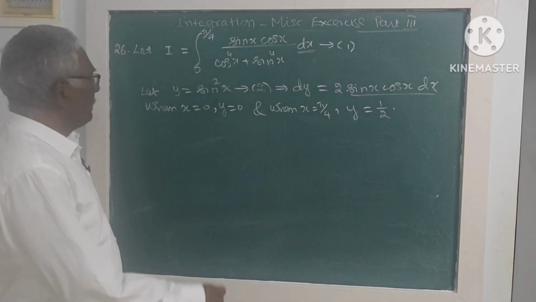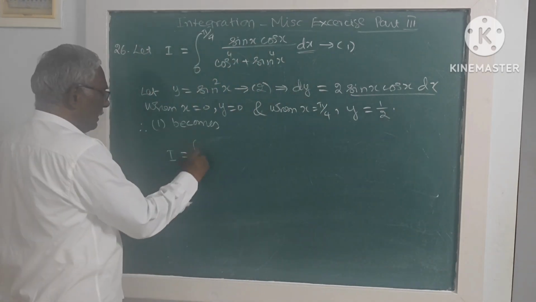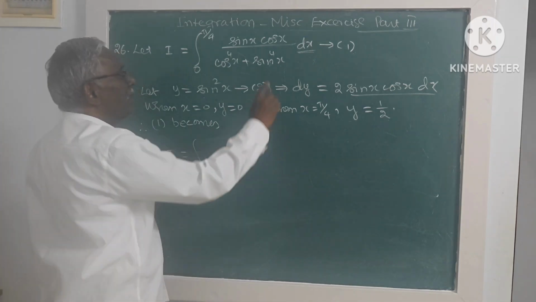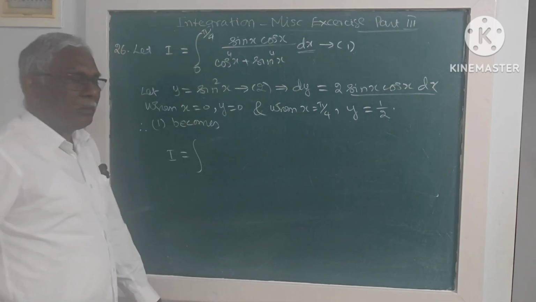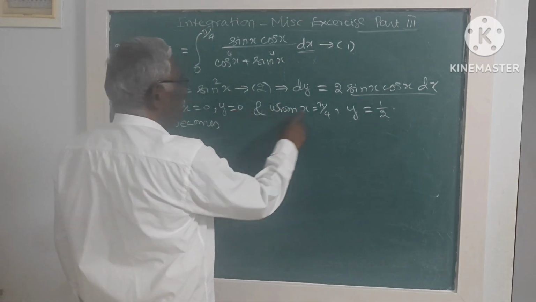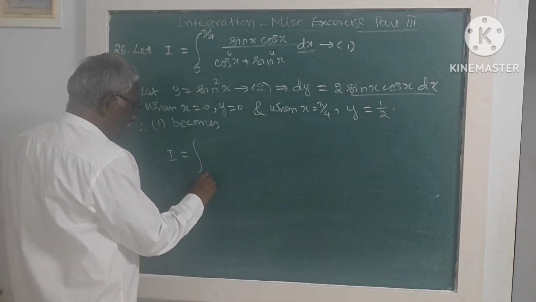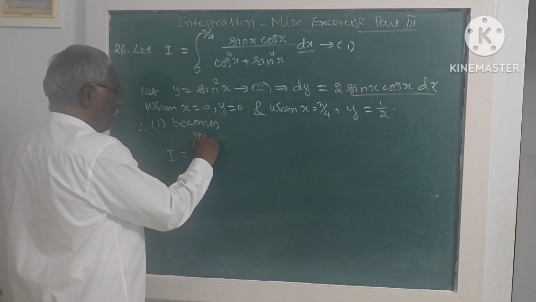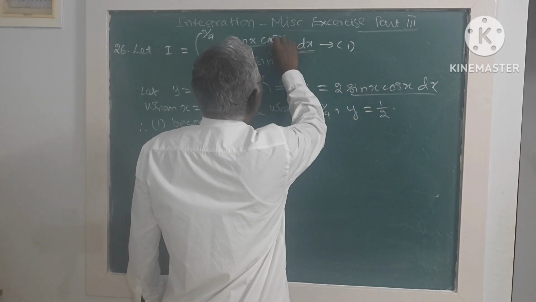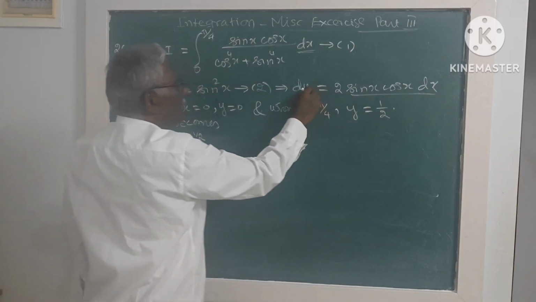Therefore 1 becomes integral, x varies from 0 to pi by 4, then y varies from 0 to half. Sin x cos x into dx is dy by 2.